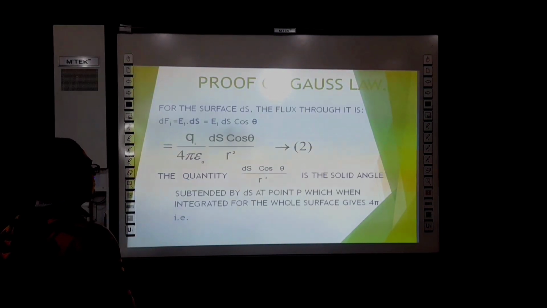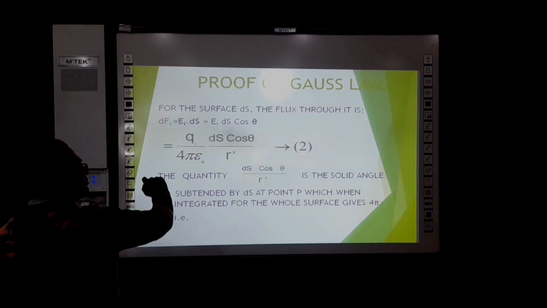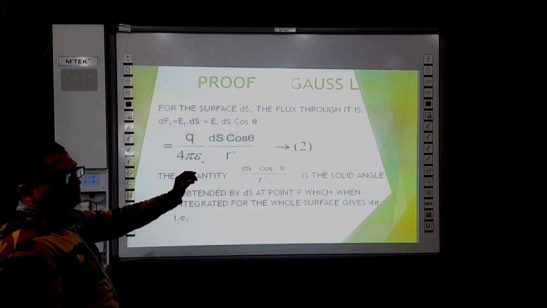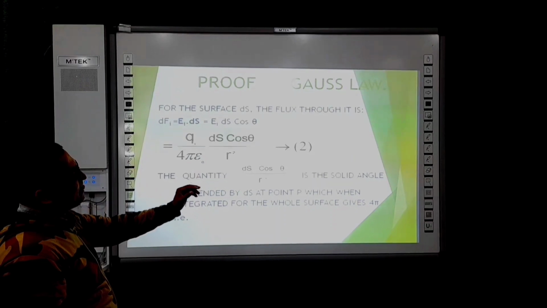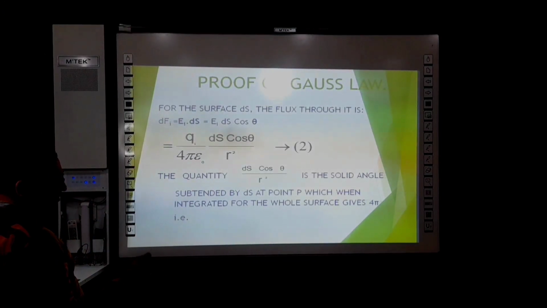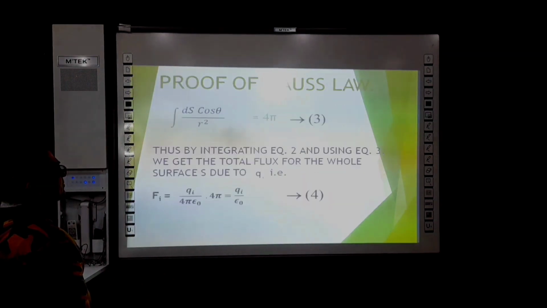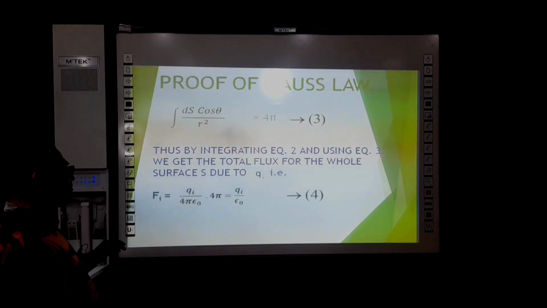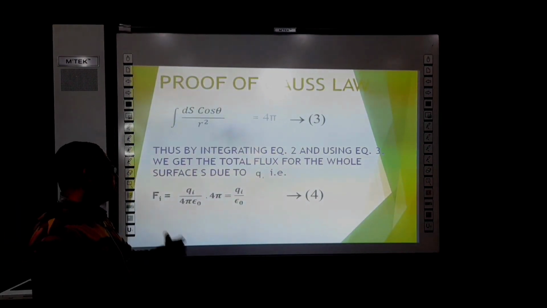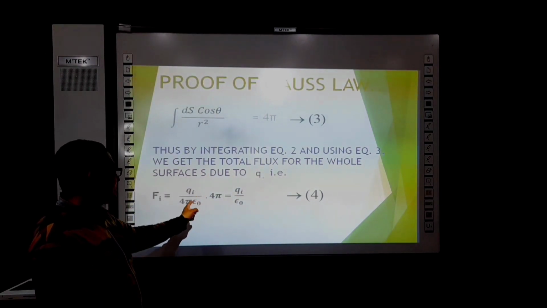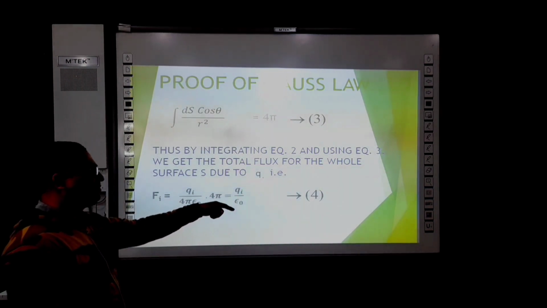Equation 2 represents flux through the surface ds. When you integrate that, we are getting the flux for the whole surface S, and this is only because of the charge Qi. So the integration is 4 pi, and ultimately 4 pi cancels, and it is Qi by epsilon naught.